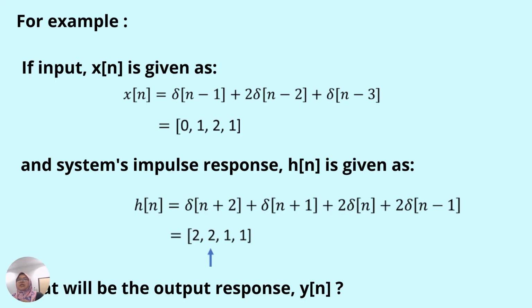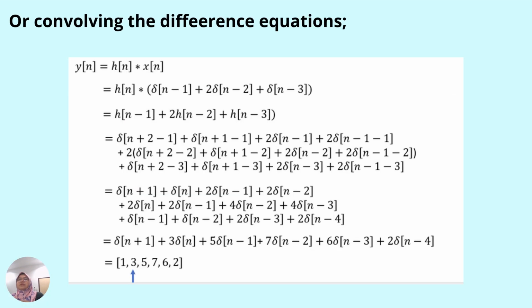So h[n] ni, you kena gantikan dalam sebutan ni. So for instance, so h[n-1], so means that you kena delay semua h[n] tadi tu, you kena minuskan dengan 1. And then, so then the next term is 2h[n-2].